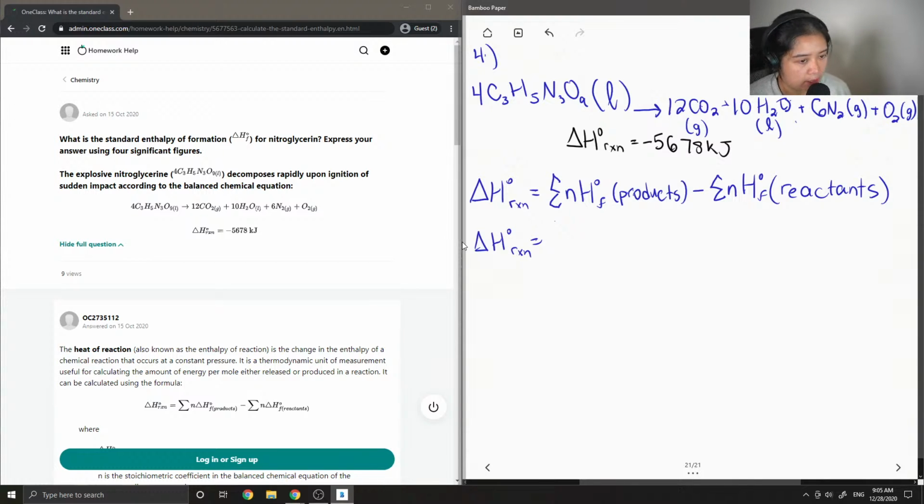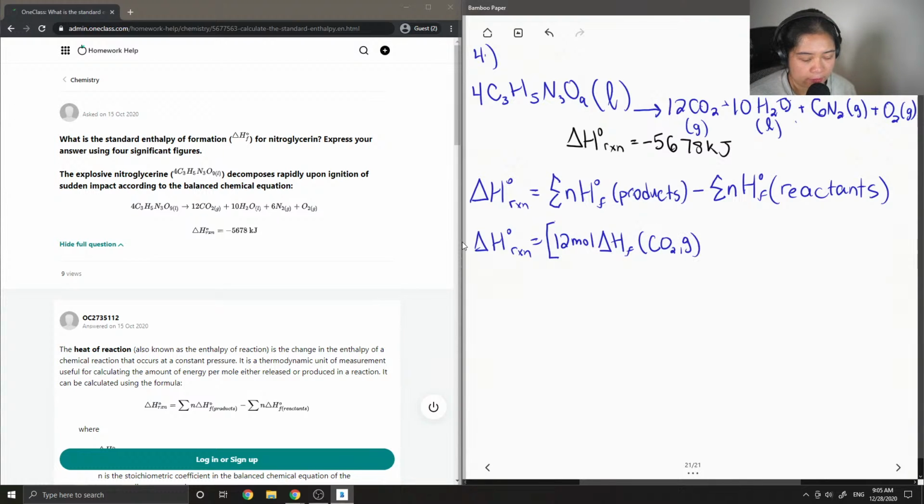So first, I'll write down all of our products. For our products, we have 12 moles of CO2, multiplied by delta H of formation of CO2 gas.